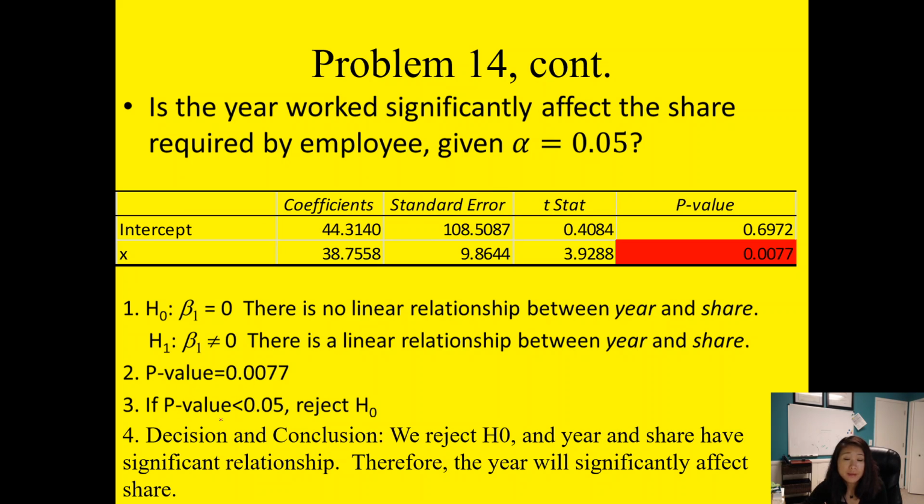Step number 3, the same rejection rule: reject H0 if p-value is less than 0.05. Since 0.0077 is less than 0.05, we reject H0. Therefore, the year and the share have a significant relationship. Therefore, the year will significantly affect the share. So this is the hypothesis testing.